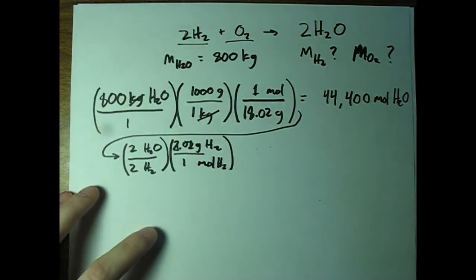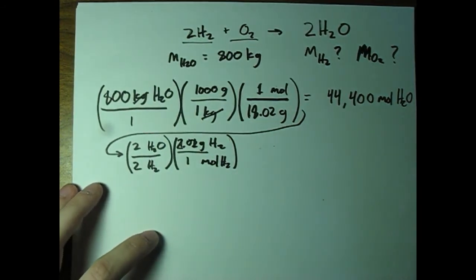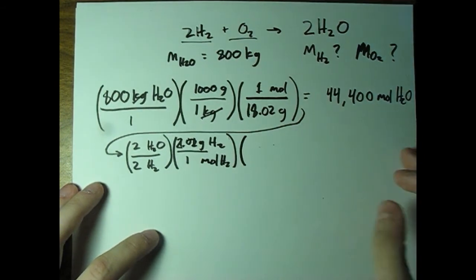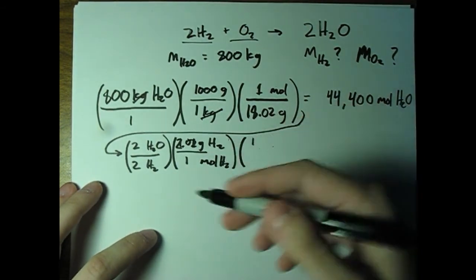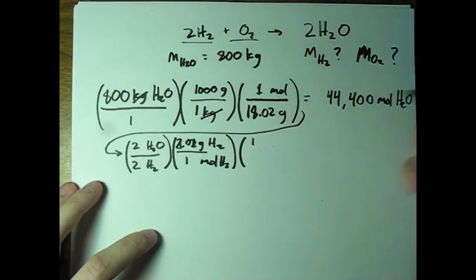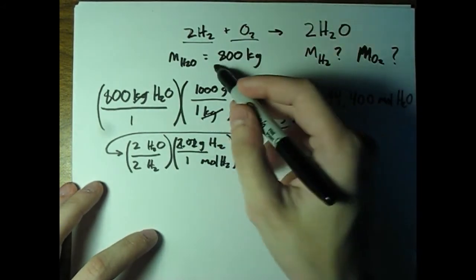And then we convert it to a mass, which is, I meant to say it's already a mass. I meant to say convert it back to kilograms because we were given it in kilograms.